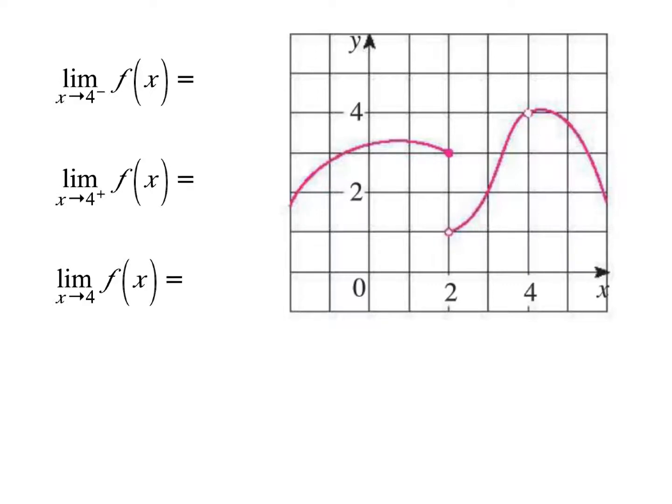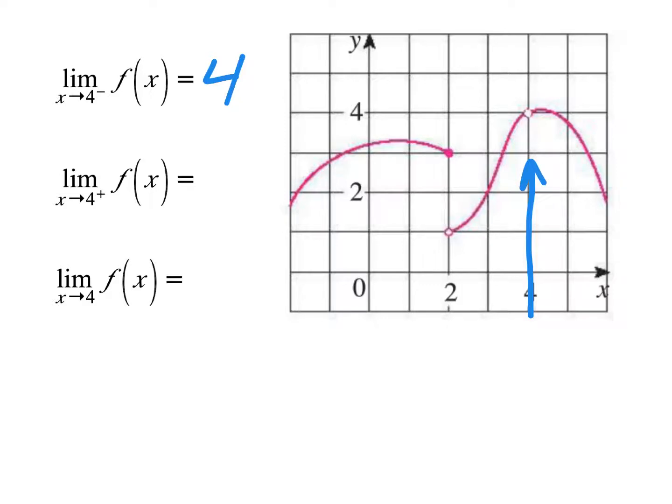All right, let's see what we've come up with here. So this time I'm looking at x equals 4, so I'm looking at that x value. For the first one, the limit as x approaches 4 from the left-hand side. As I'm approaching 4, what y value am I approaching there? 4. Okay, great. What about as we approach 4 from the positive side, that is from the right side?